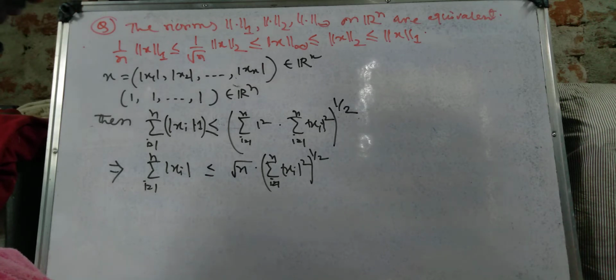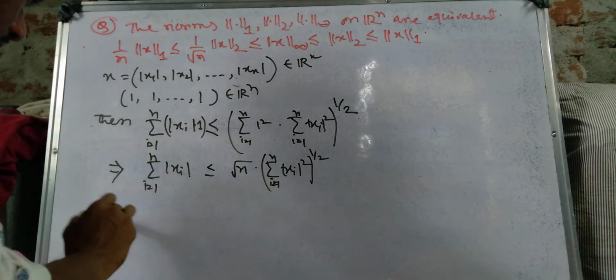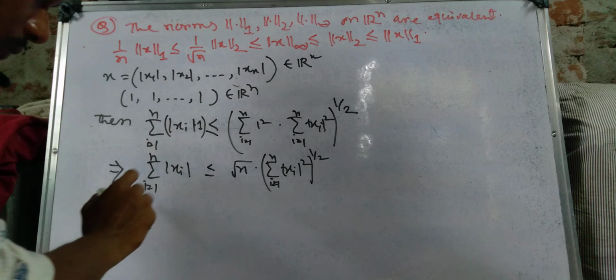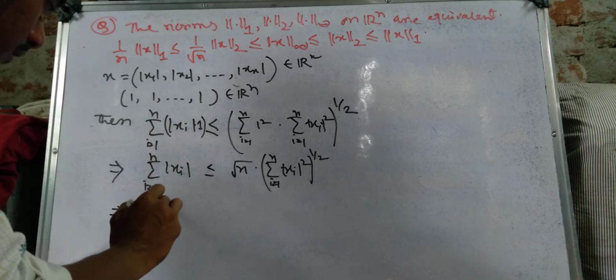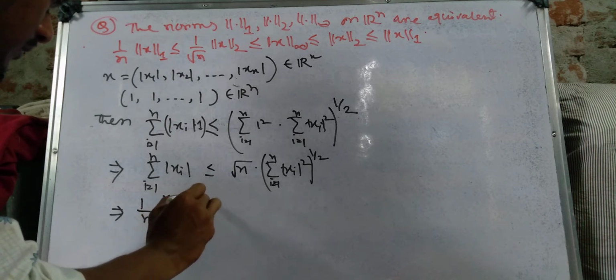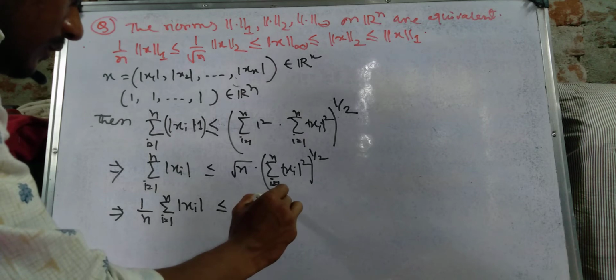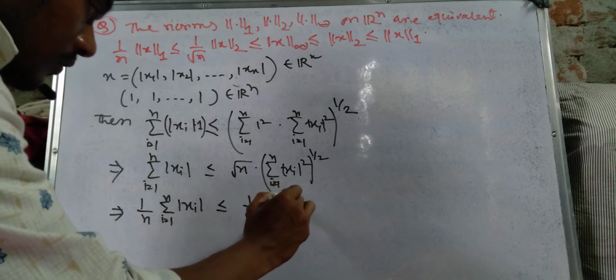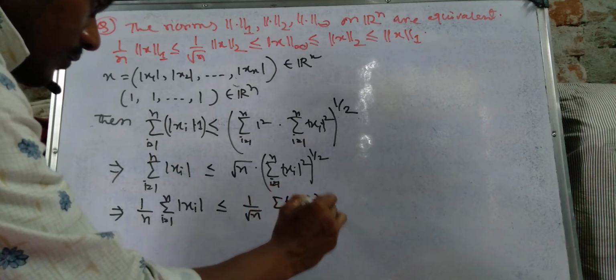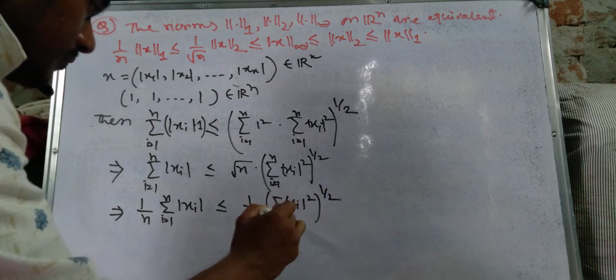This implies that 1 by n summation of |xi| is less than or equal to 1 by root n times the summation of |xi| square, whole to the power half.